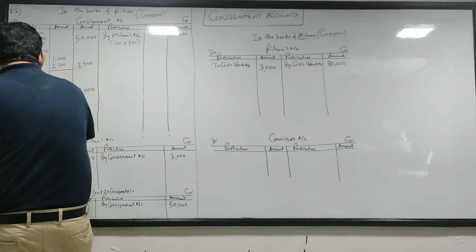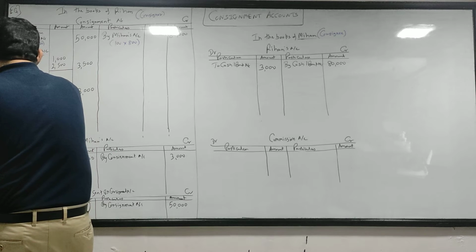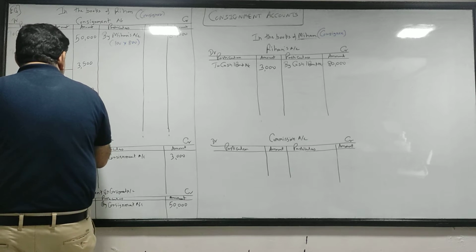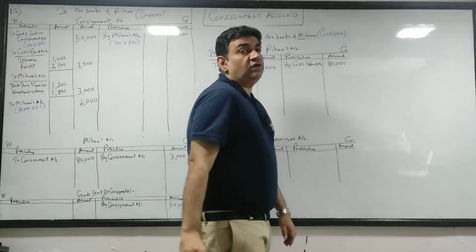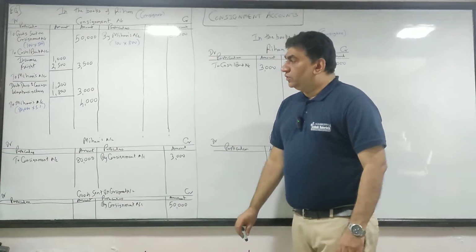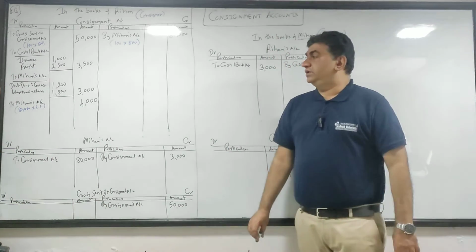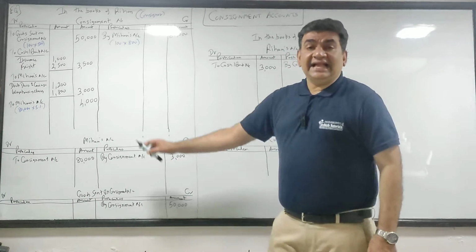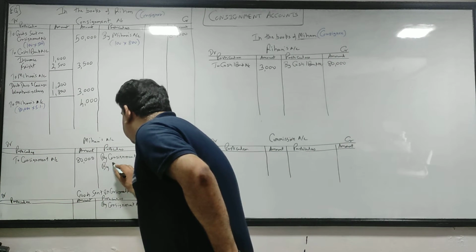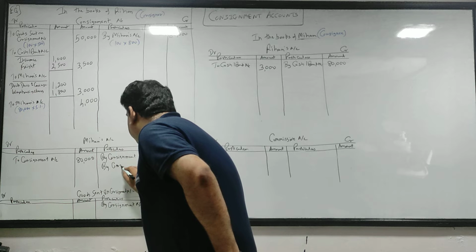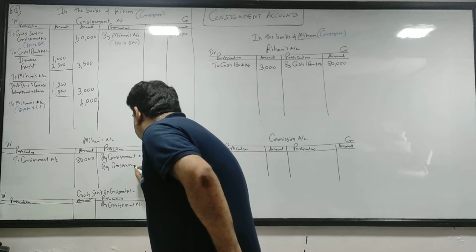So come to the credit side. Amount of sale is 80,000. 80,000 का 5% is 4,000. So to Mihan's account 4,000, and again Mihan को credit किया है. So come to the credit side of Mihan, coming from consignment account.